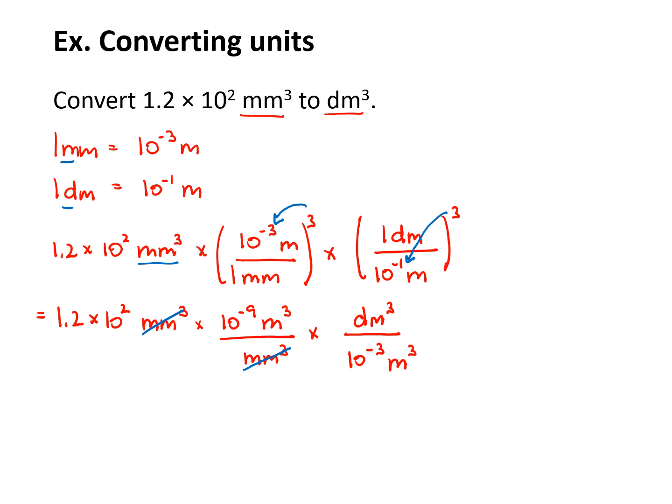And again, we'll see that the cubic meters cancel, leaving us with units of cubic decimeters. Now we can plug this into our calculator, and we would get an answer of 1.2 times 10 to the power of minus 4 cubic decimeters, which is our final answer.